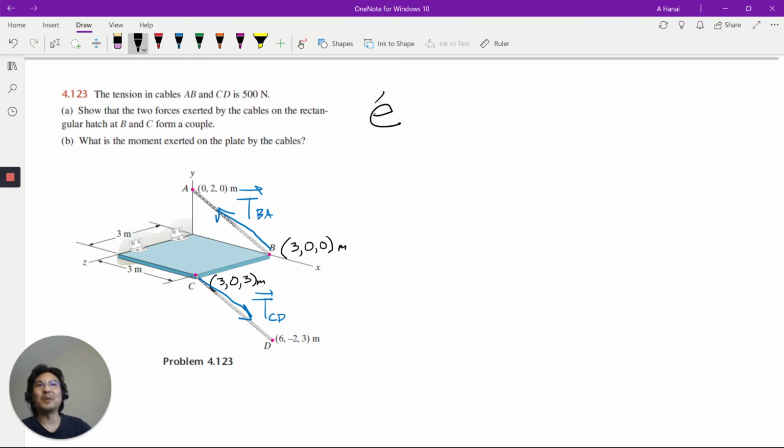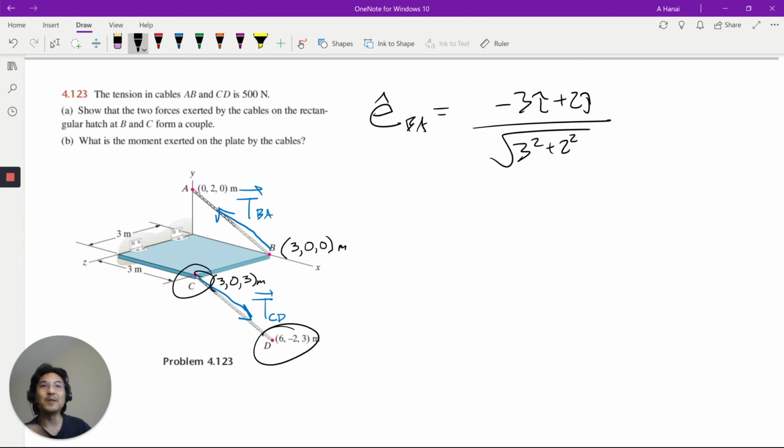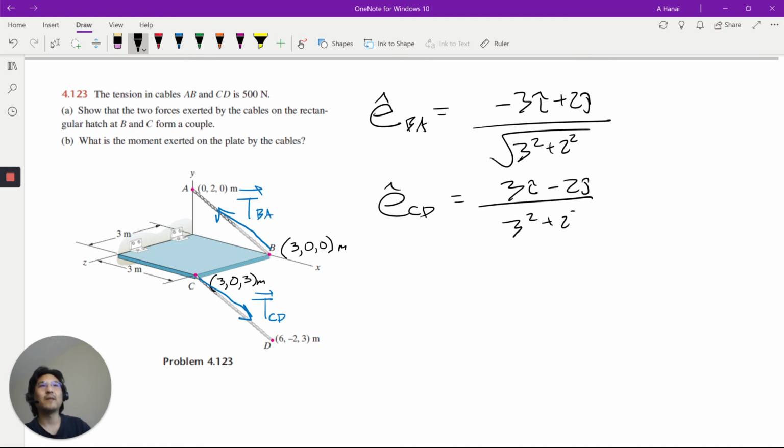Well, let's make note of the unit vector from B to A, and then the unit vector from C to D, which is from C to D, 6 minus 3, so 3. So these are equal and opposite. Let me jot that down. These are equal and opposite.